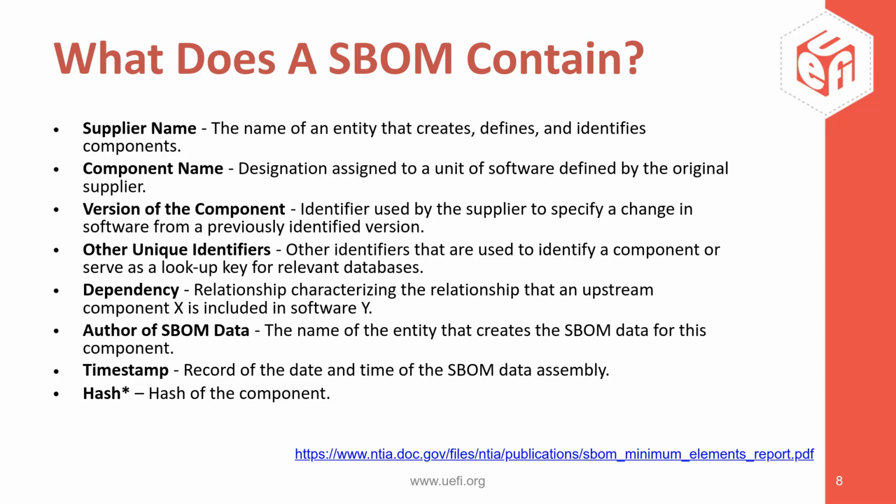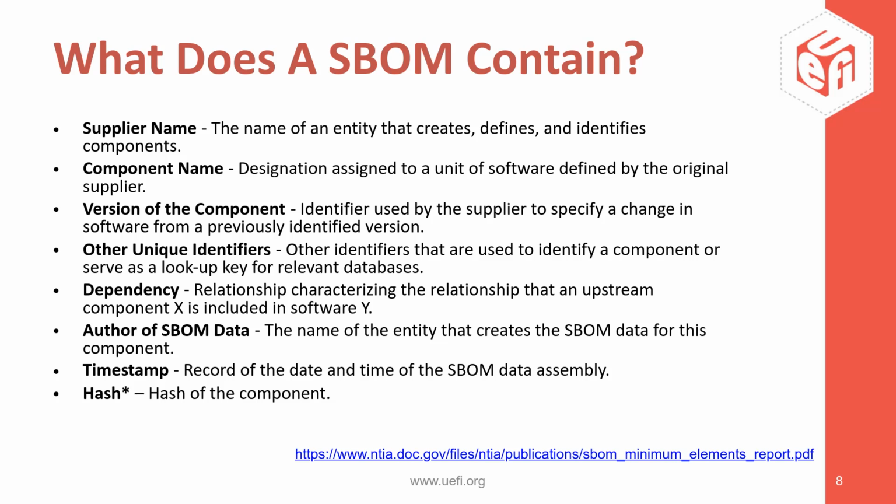Version: an identifier that's used by the supplier to specify a change in software from a previously identified version. So as it goes forward in time, the version number changes. There are a certain number of canonical version formats and also some other user-defined version numbering systems that can be used. You can have other unique identifiers to identify the components so they can be used to look up a component in the databases.